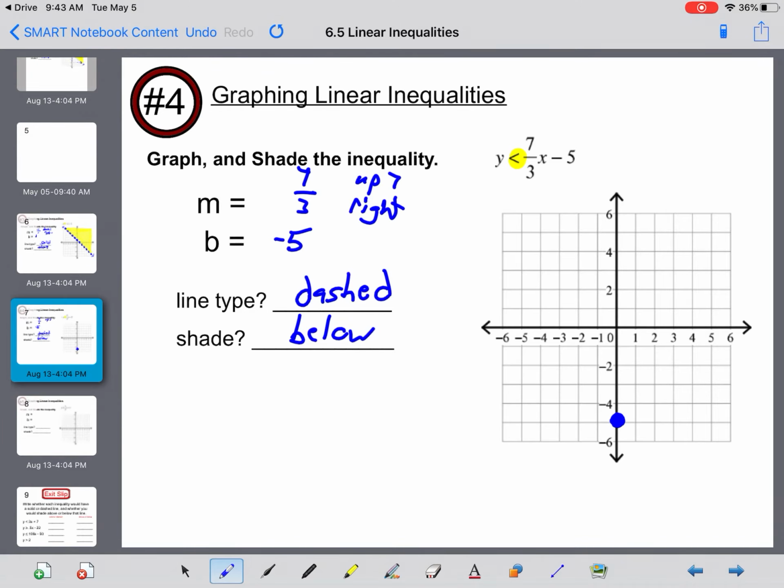And I'm supposed to go up 7 and to the right 3. And that's it. We're only going to be able to fit 2 points here. And there's your line. Now shade below. Again, put your pen on a point, go straight down. That means this whole area.